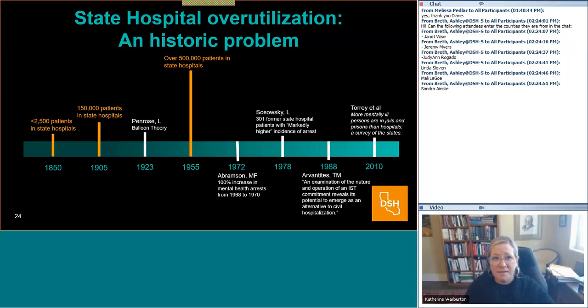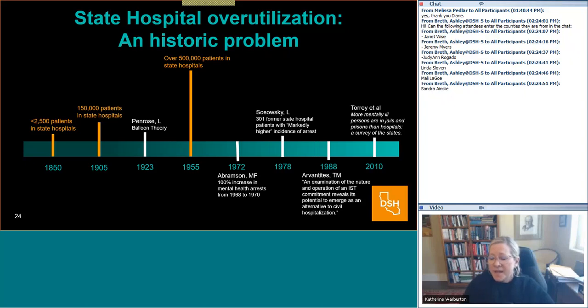Most interesting to me is a paper from 1988. So what was that, 31 years ago? Like Ashley, I'm not great at math on the fly, but this paper started examining the nature of the IST commitment and its potential to become a civil commitment. I'm going to argue to you today that's exactly what's happening, although it's a commitment that does no one any good, and I hope I can convince you of that by the end of the talk.